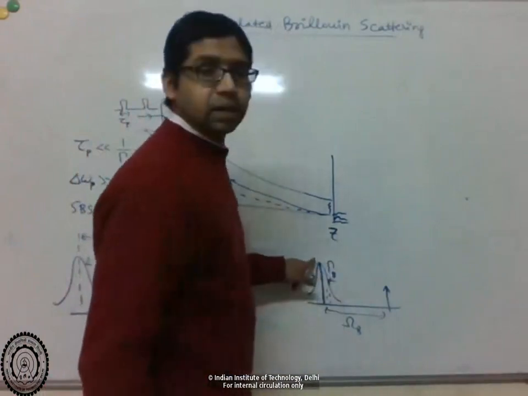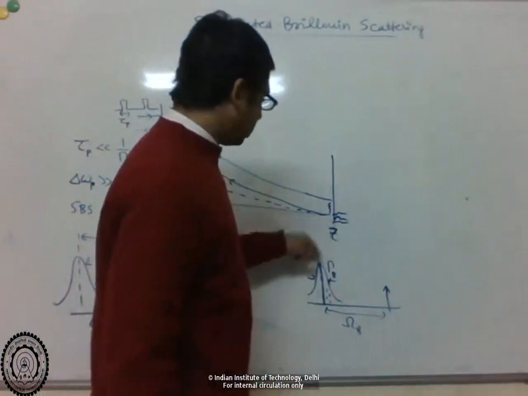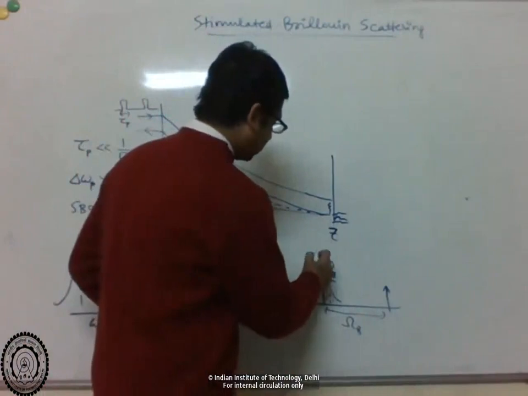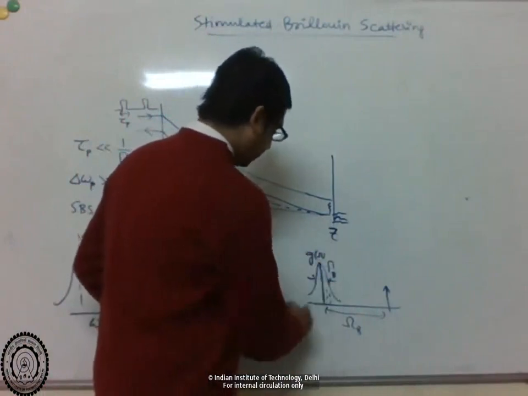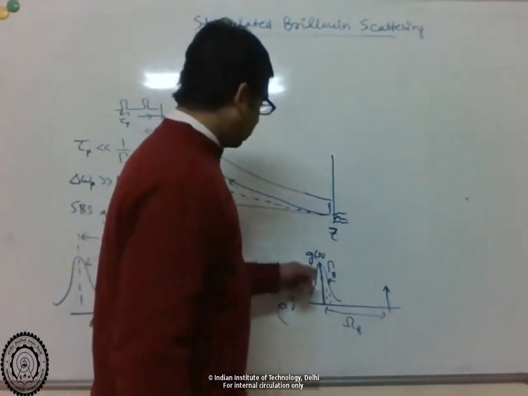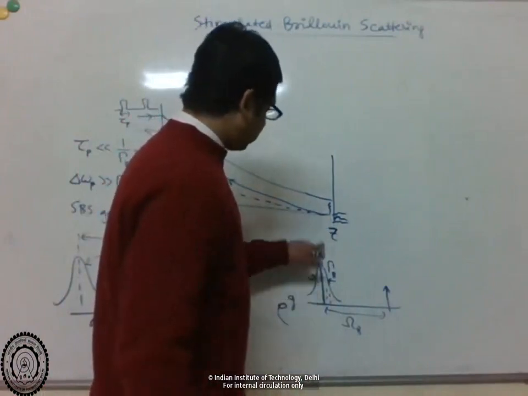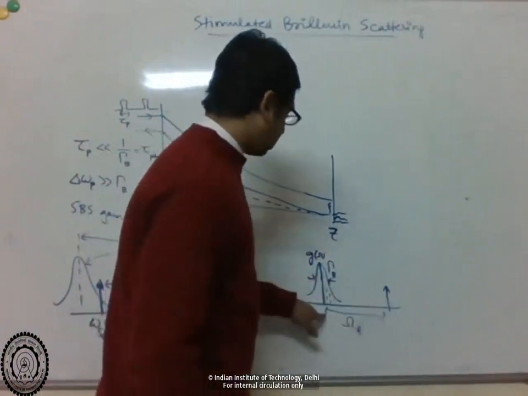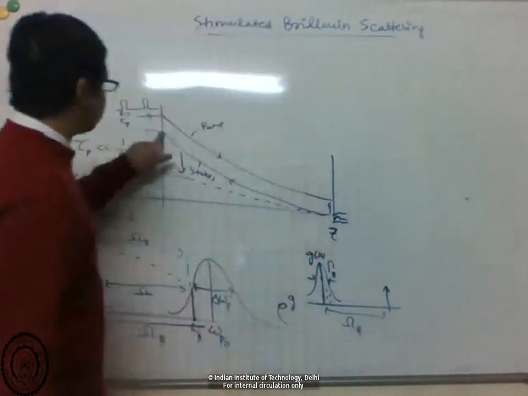Because it has maximum gain, right? And basically we saw that this comes in the exponential, right? So this is some line shape g of omega, and we saw that this comes in the exponential, right? So the center frequency will be the one which is exactly omega b downshifted from the pump, will be the Stokes frequency which builds up here.